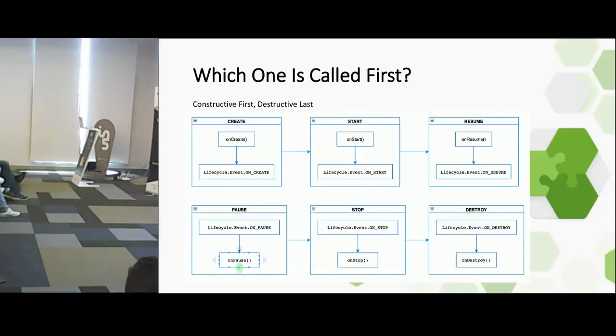As I said before, on the constructive methods, the lifecycle owner's method is going to be called first, and then the observer method is triggered. But on the destructive methods, such as onPause, onStop, onDestroy, the observer's method is going to be triggered first, and then the activity's or the lifecycle owner's method. So the point behind this is that if your activity or fragment is going to be destroyed, you have to know it before it destructs.